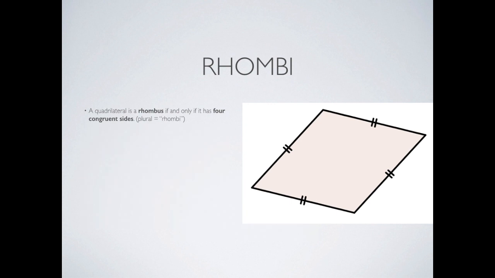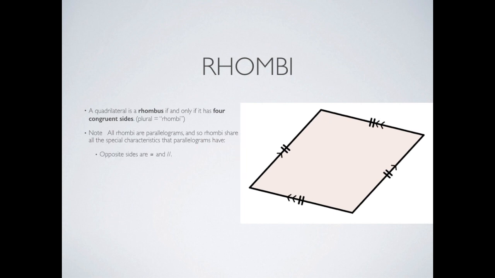Some things about rhombi. All rhombi are also parallelograms. They're special types of parallelograms. Because of that, all rhombi share the same characteristics that parallelograms have. In other words, all pairs of opposite sides are congruent and parallel, so you can add in those parallel markings. The opposite angles are congruent, so you can add in those congruence markings.